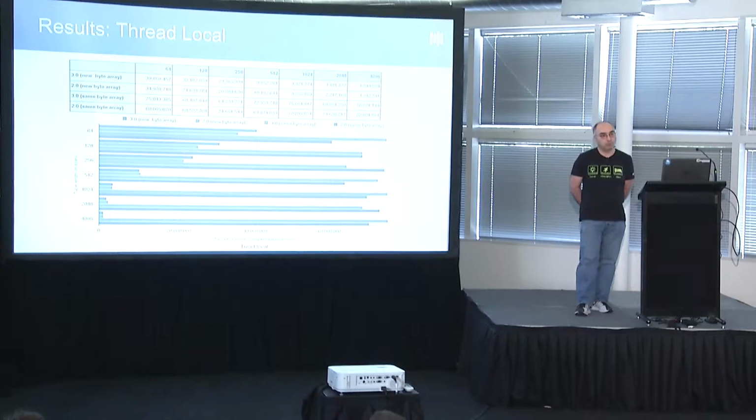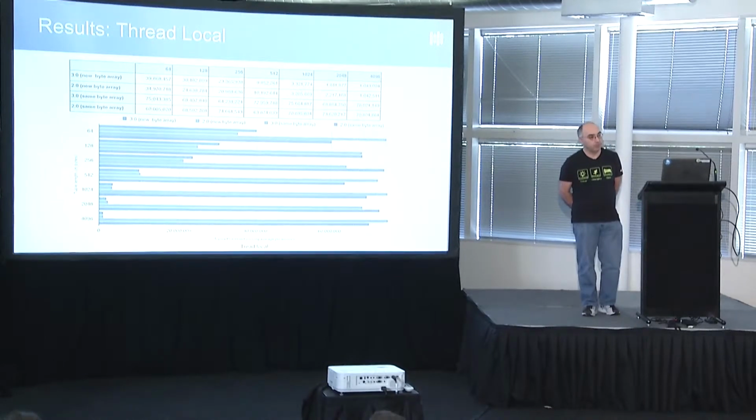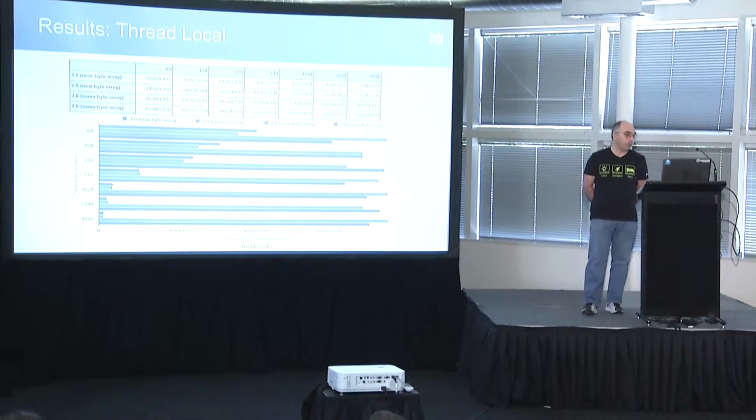for 64 byte array lengths. Once we introduce garbage collection, that throughput drops to about 40 million events per second.